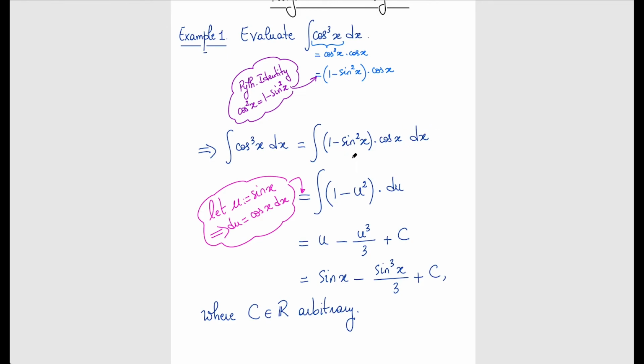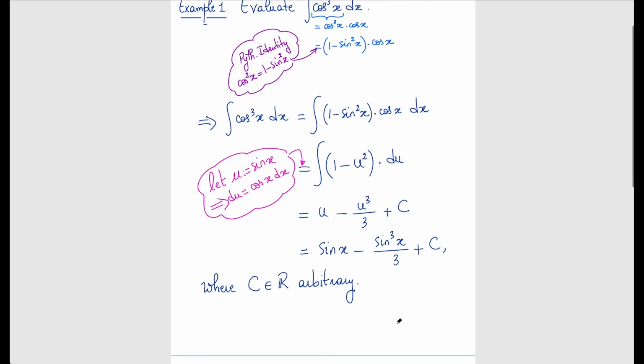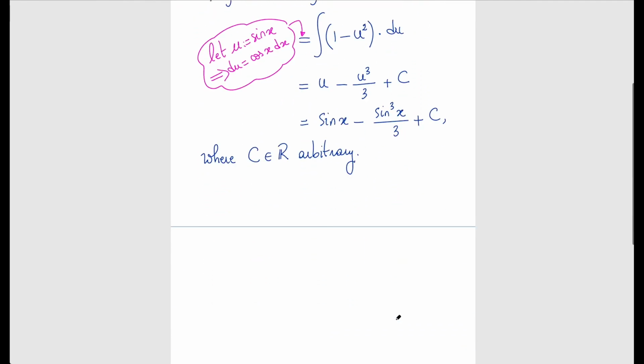The Pythagorean identity allows us to convert back and forth between the even powers of sine and cosine. Let's do another example. Let's call it example 2.